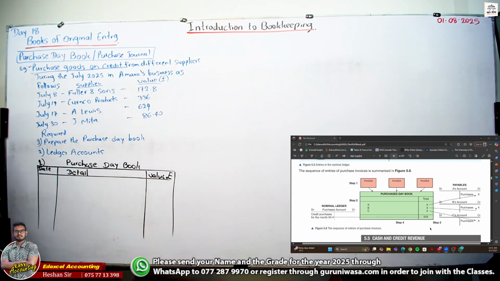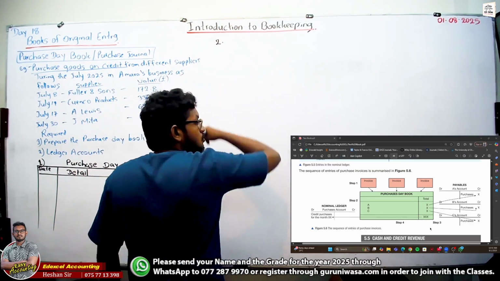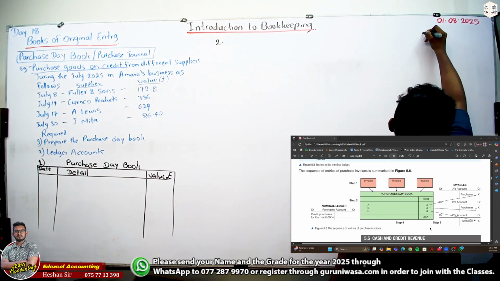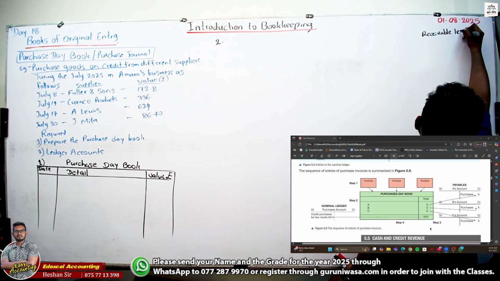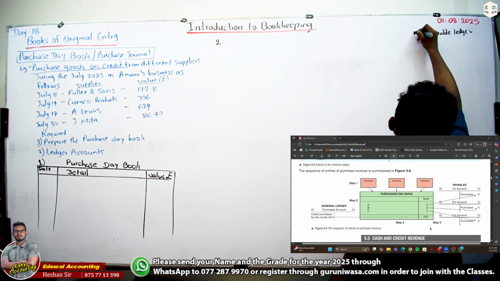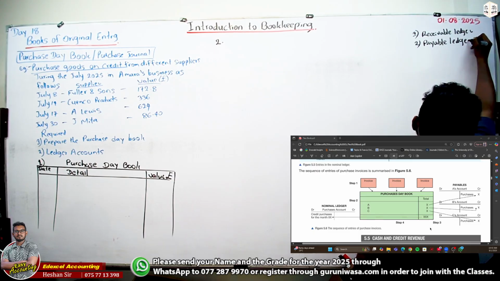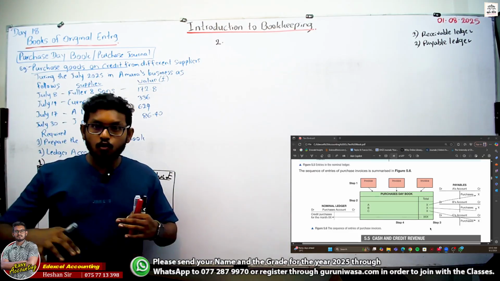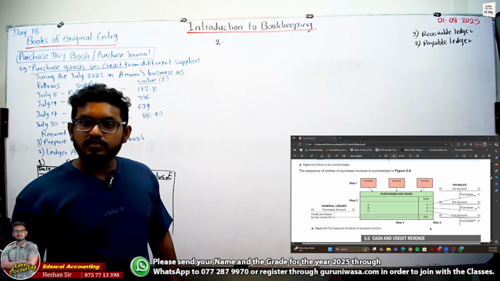And also there are three types of ledgers: receivable ledger, payable ledger, and nominal ledger. Previously we recorded all the ledger accounts in the nominal ledger, even the supplier accounts.